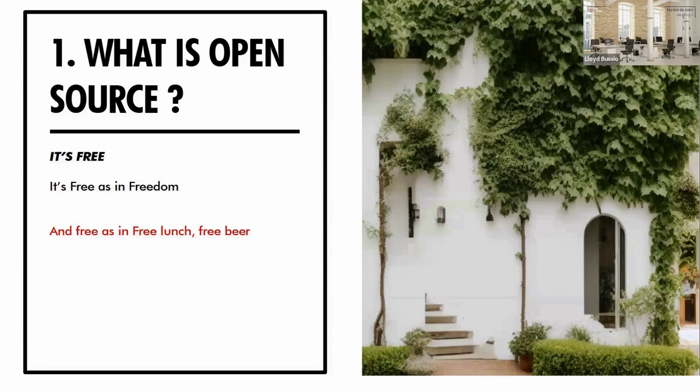Most open source software, you can download it, you can edit it, you can create your own software out of it. And it's also free, as in free lunch, free beer, which means you can use it for free forever, essentially. And those examples from the poll, Wikipedia, OpenStreetMap, and Ubuntu are examples of open source software, which are different from just your typical free to use software like Facebook, Google Maps, Instagram, TikTok, social media, and those kind of things.